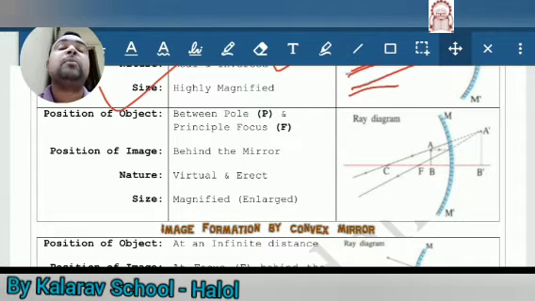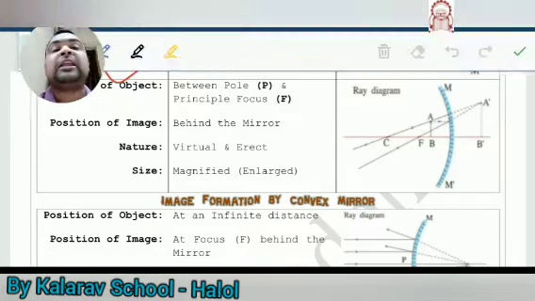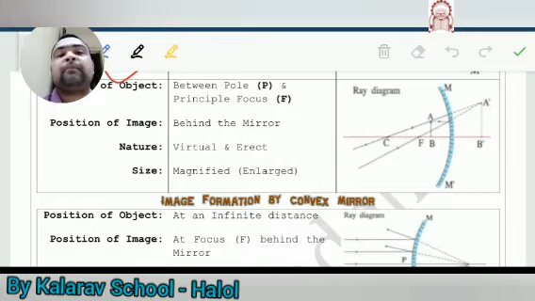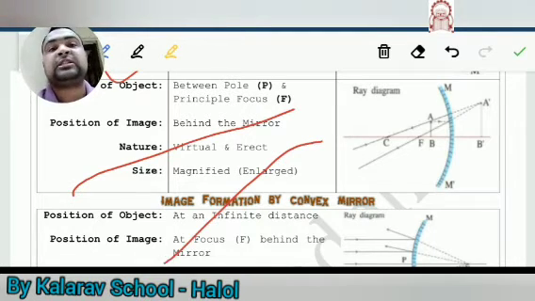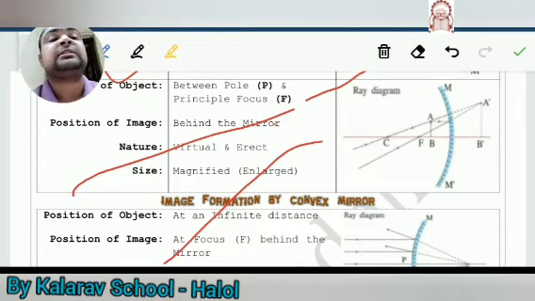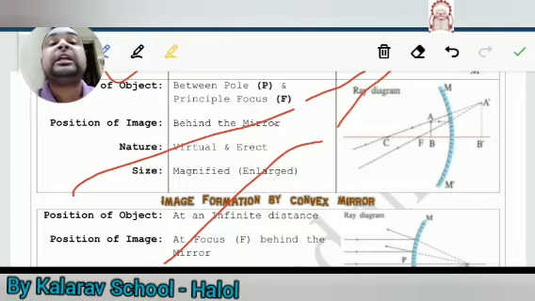Now where do you place the object? In between the pole and the principal focus, but at that time you will get your final image not in front of the mirror. Why? Because these rays go in different directions, but if you extend them backward, you will get the intersection of these 2 rays behind the mirror.